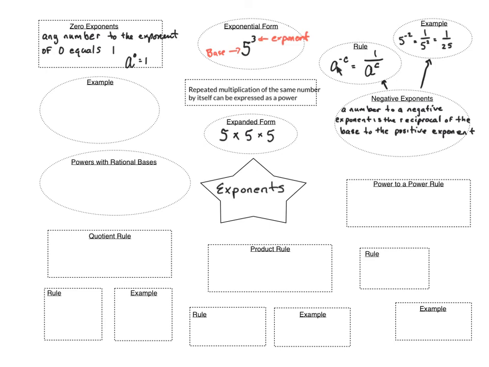So if we have a to the -c, that is going to be equal to 1 over a to the positive c. There's my reciprocal. And an example, if we have 5 to the -2, that is equal to 1 over 5 to the positive 2, which we know is equal to 1 over 25. So again, going into some of these examples and expanding on some of the knowledge that we already have in exponents.